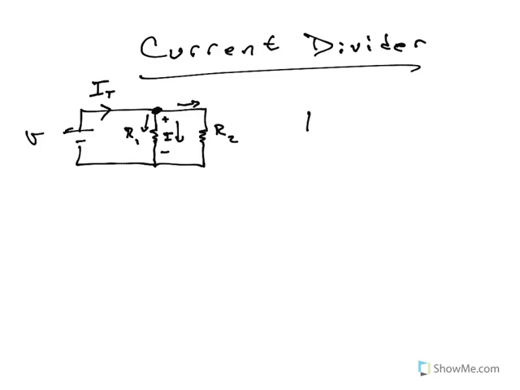It says that the current that goes through the R1 is going to be equal to the total current that's coming in times the ratio. Now here's where it differs. Instead of it being the ratio of R1 to R total, now it's the ratio of R2 to R total.